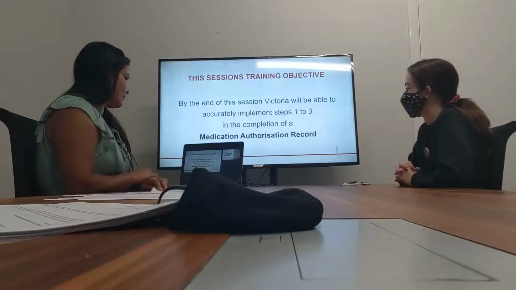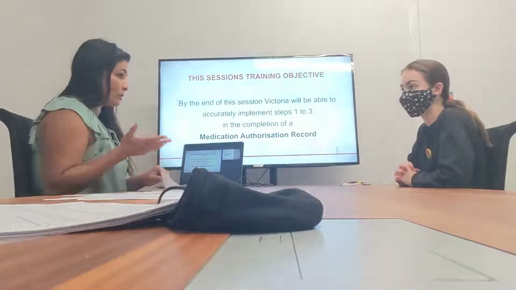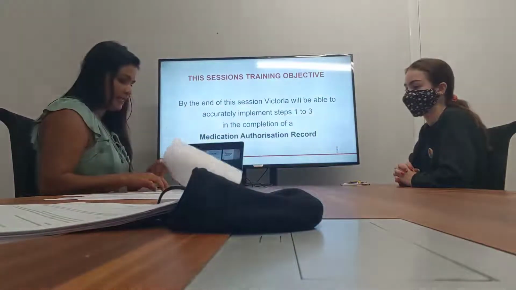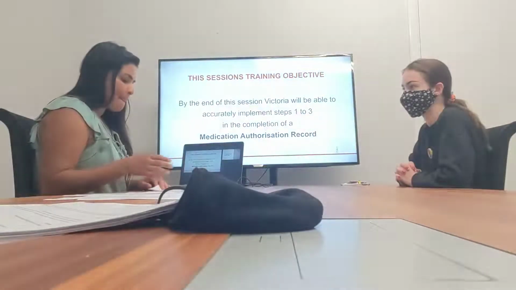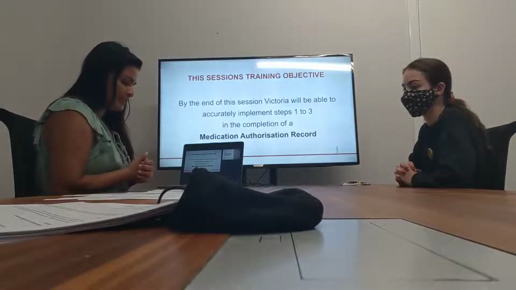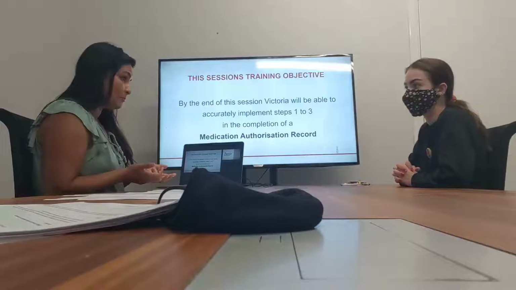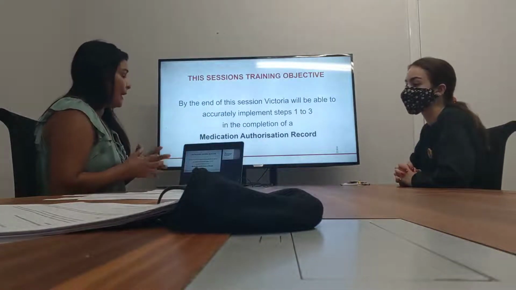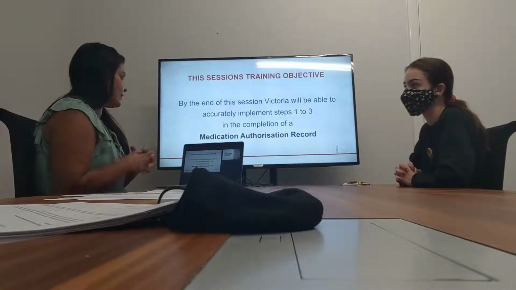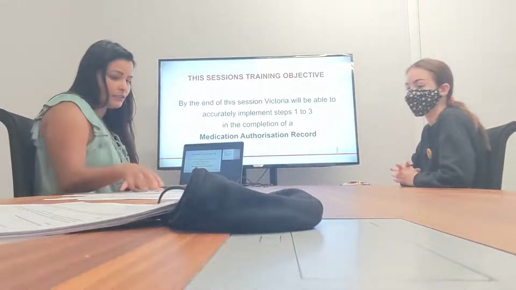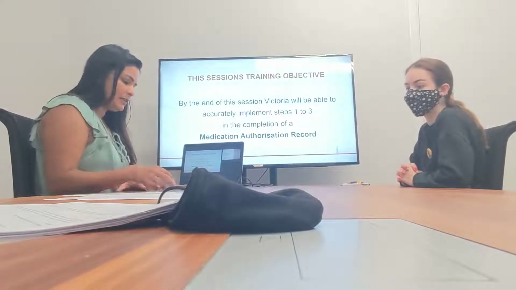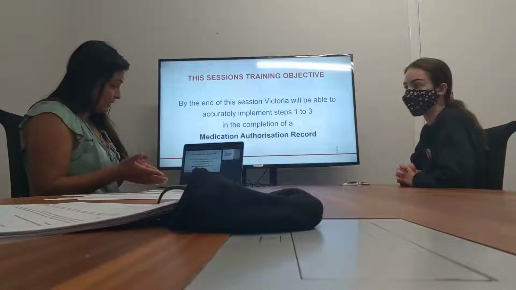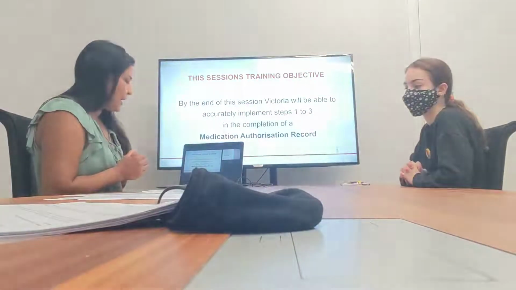So the administration of medication is something that is obviously quite an important thing in our industry. In the early learning setting, we are regulated by the ECRU, and there are regulations in place surrounding the administration of medication, in particular Regulation 93 and 92.